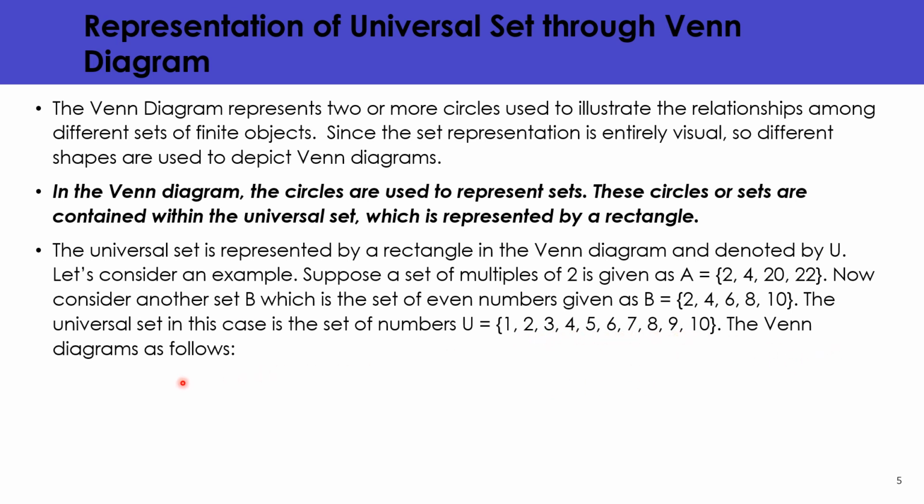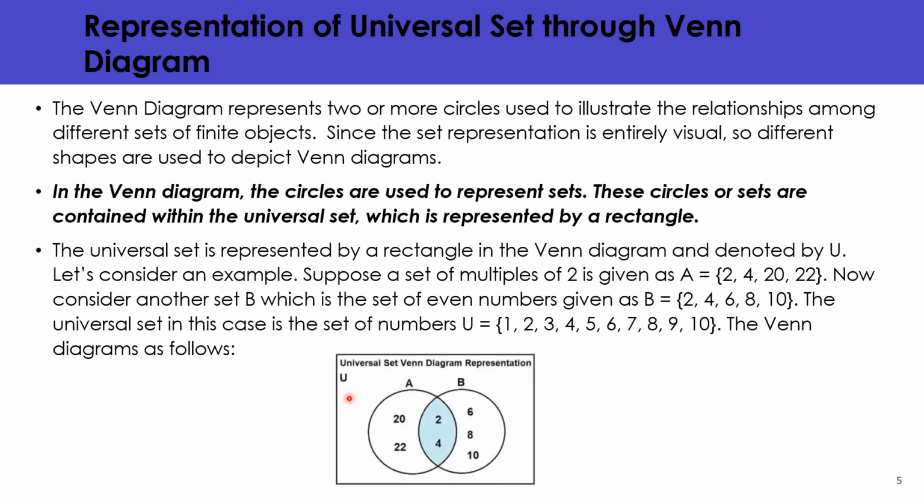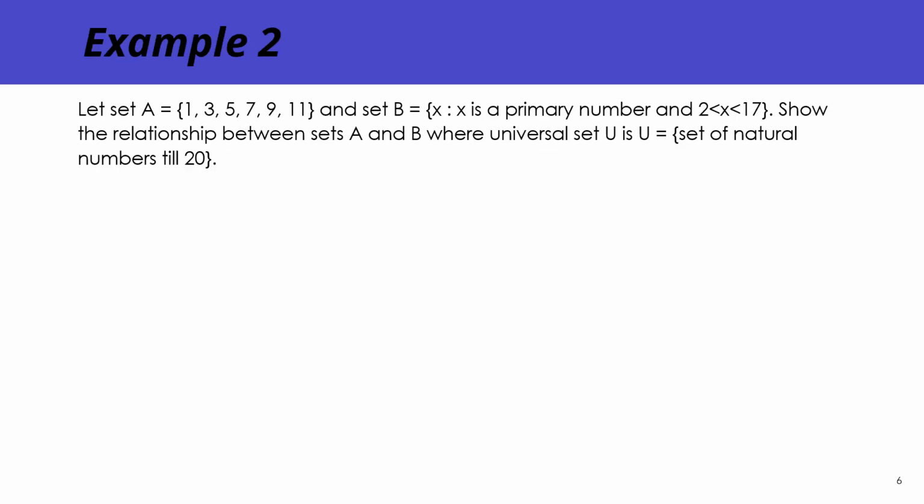So the Venn diagram is as follows. Okay, so this is the Venn diagram representation of the universal set. It has circles, and the two circles overlap. Later we will learn more about the relationship of these. Now, next, example number 2.